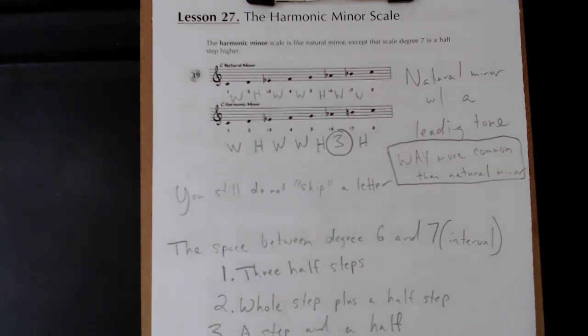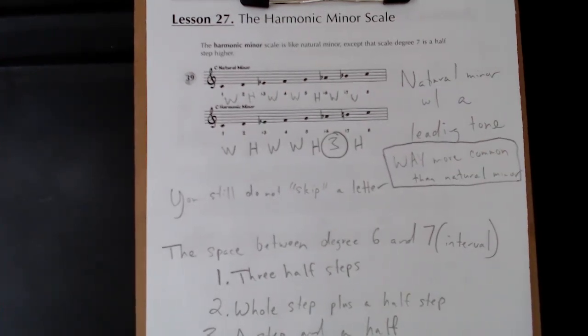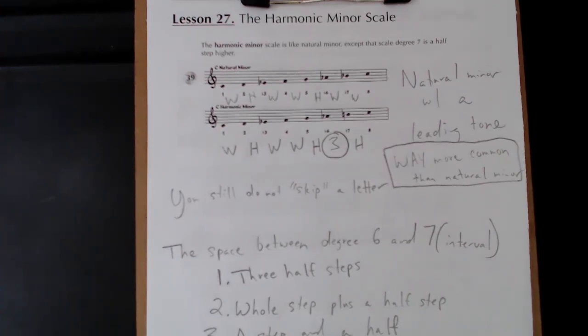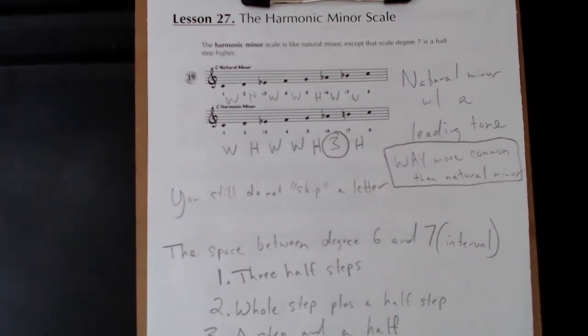I'm going to tell a short story here, and then I'm going to go back. The space that occurs that is just unfamiliar is between scale degree 6 and scale degree 7. Now, music theory teachers like to fight a lot about how to name things.